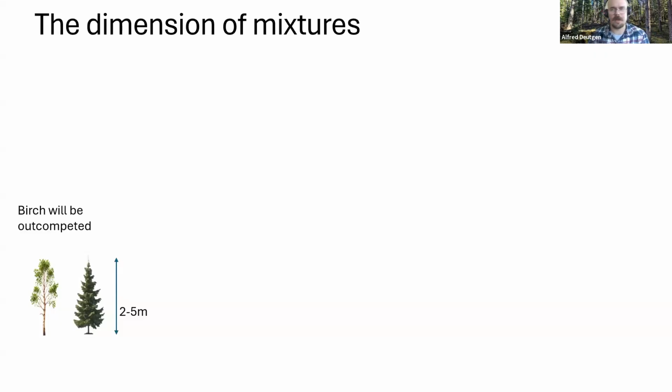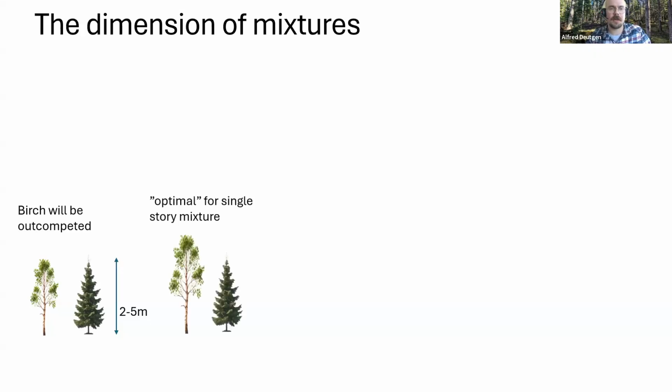So for example, if you have 2 to 5 meters tall and they are the same height, since birch is a pioneer species, it grows fast, and the spruce is a secondary species which traditionally grows slowly. But if they are at the same height, the spruce will outcompete birch quite rapidly, especially on fertile soils and when the spruce is bred or improved, which is good for the spruce management, bad for the birch.